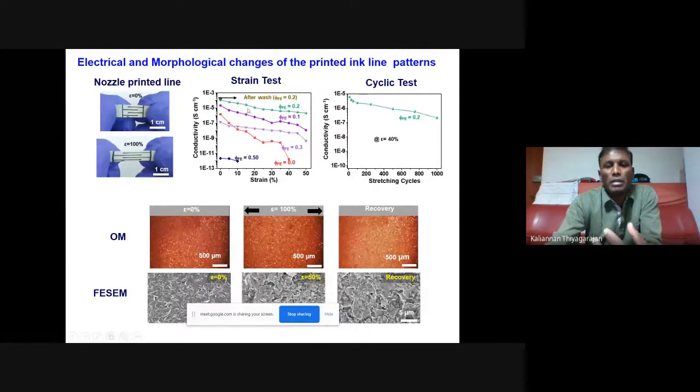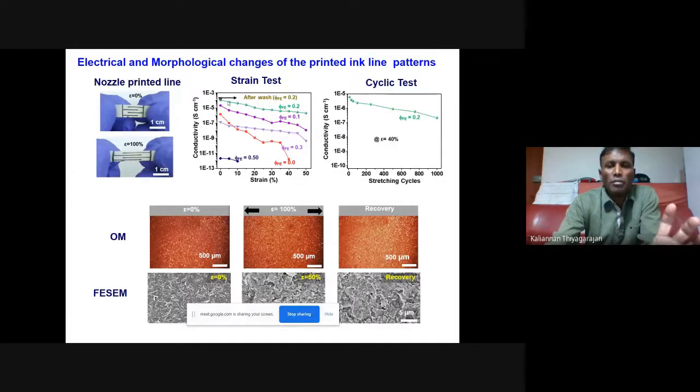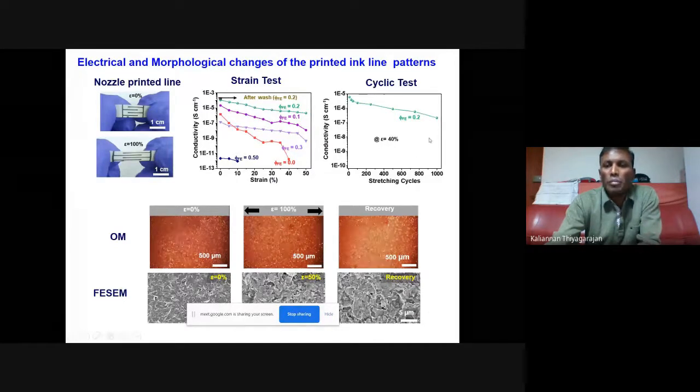With this graph, we found that 0.28% polymer in 1% material is very good for conductivity as well as stretchability. That is what we found with this test, and it can work for more than 1,000 cycles.